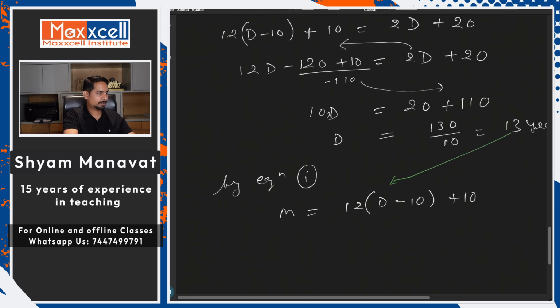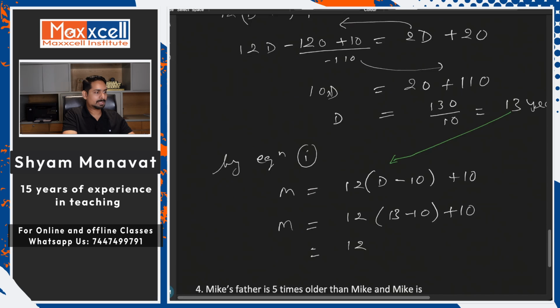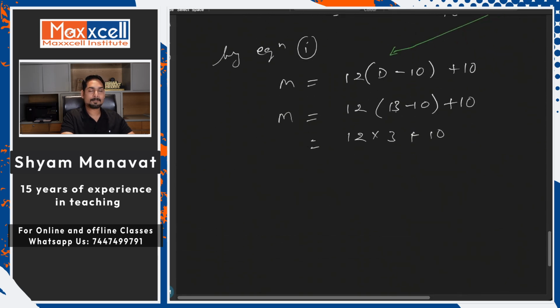M equal to 12 into 13 minus 10 plus 10. BODMAS rule. Simplify. First you have to multiply. Correct? So M equal to 36 plus 10 equal to 46. This is mother's present age.